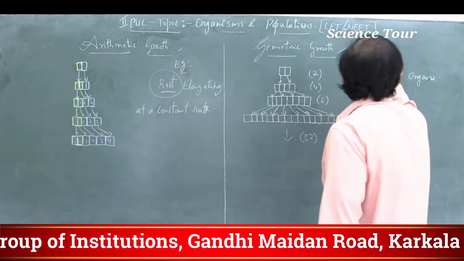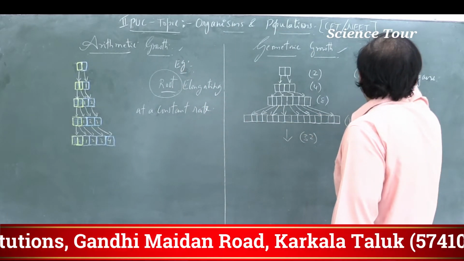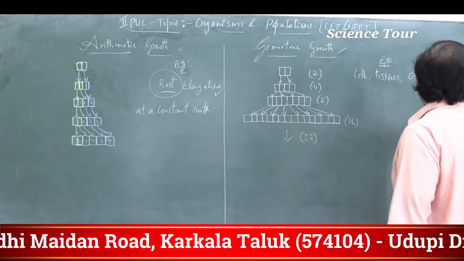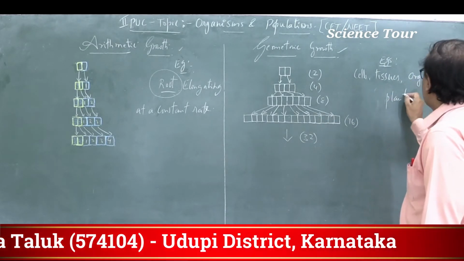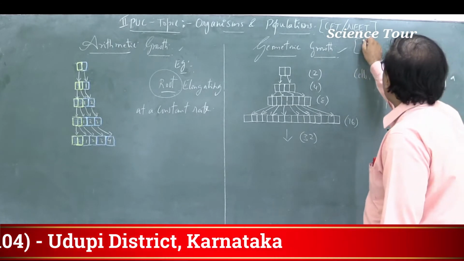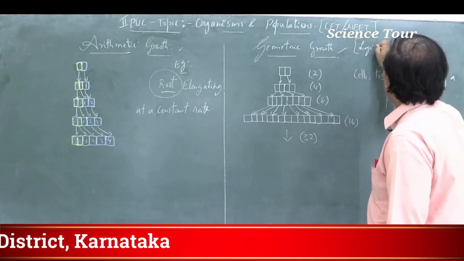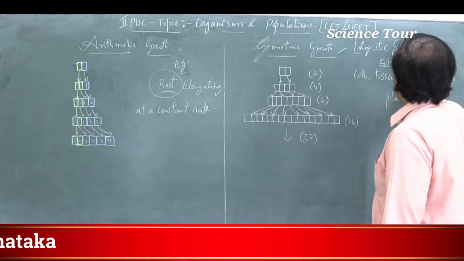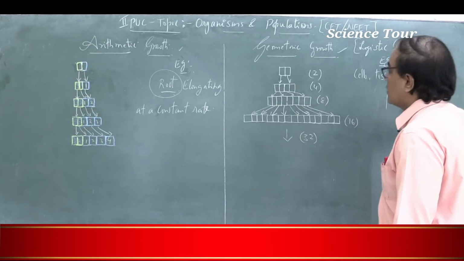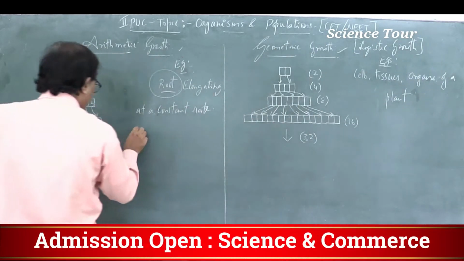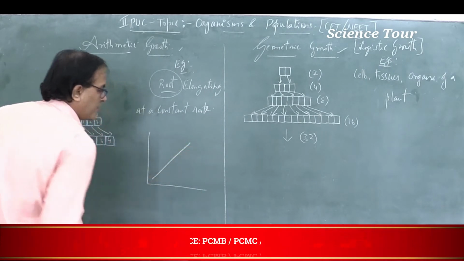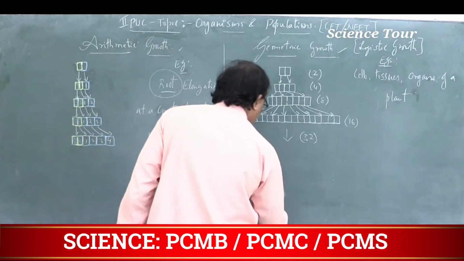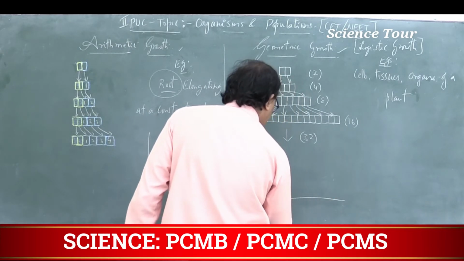So these are examples: cells, tissues or organs of a plant, which are all divided by this geometric growth, which is also a type of logistic growth. If you plot a curve here, you will get a straight line. But for geometric growth, if you plot a graph, you will get a sigmoid shaped curve.